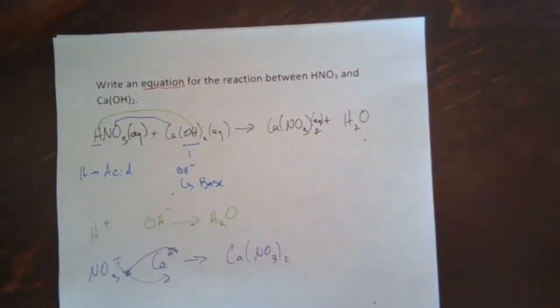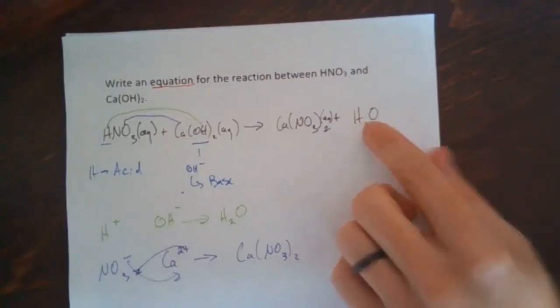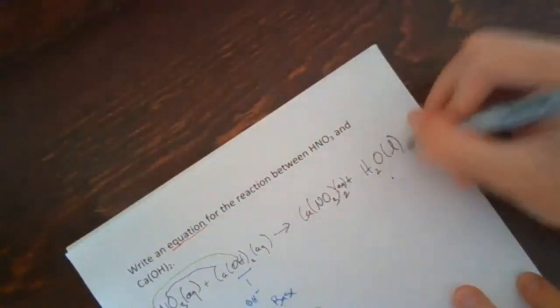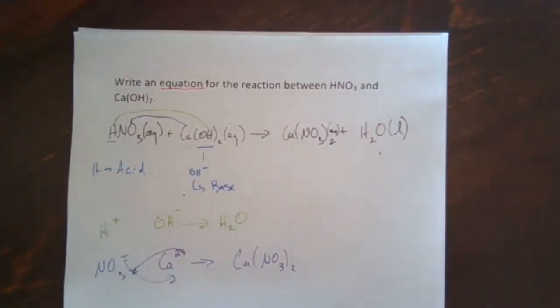Water, this is the most common phase mistake. You write aq, aq, aq, aq. Water does not dissolve in water to make an aqueous substance. It instead is a liquid. You may think that seems kind of silly, of course water is a liquid.